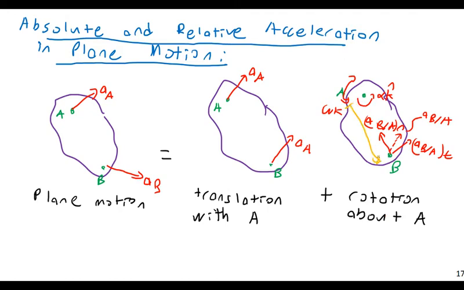And this here would be the r, the radius from B to A, or from A to B, I should say.